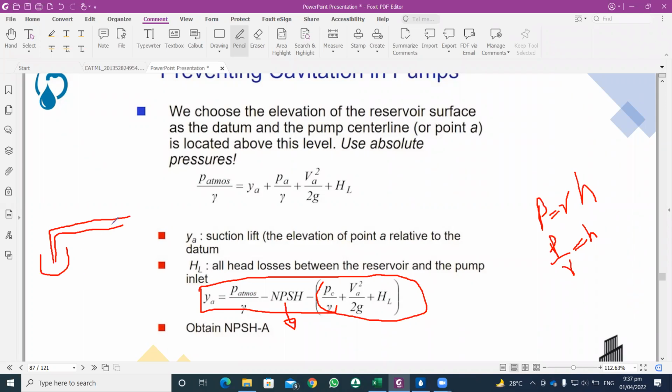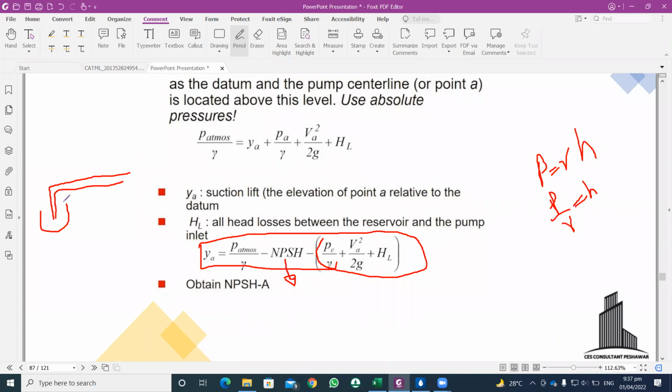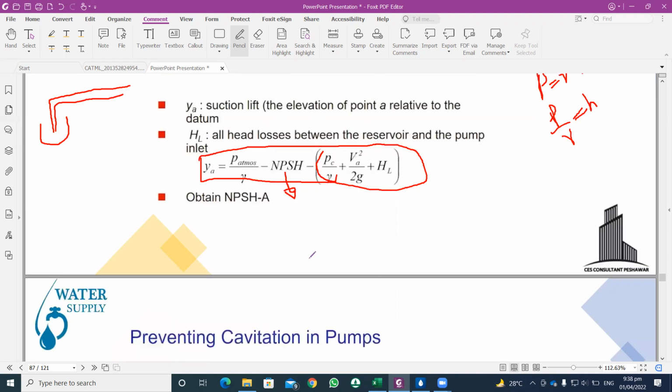So the length of the pipe connected to the pump at the suction side should also have an appropriate length to avoid cavitation. The higher the length of the pipe, the higher the losses. So it will cause more chances of cavitation occurring at the suction side.